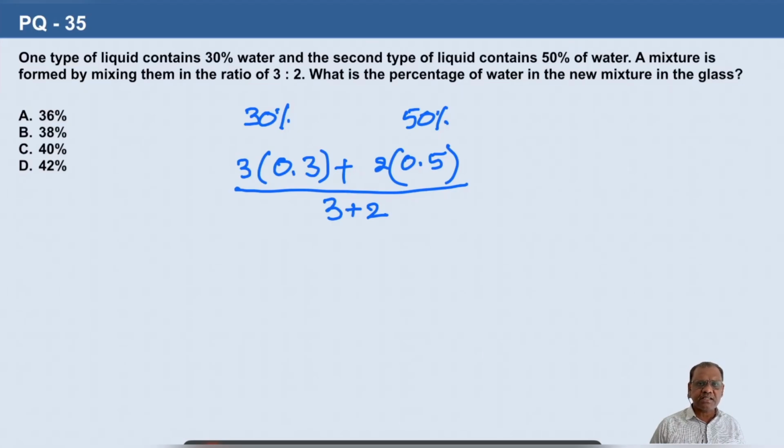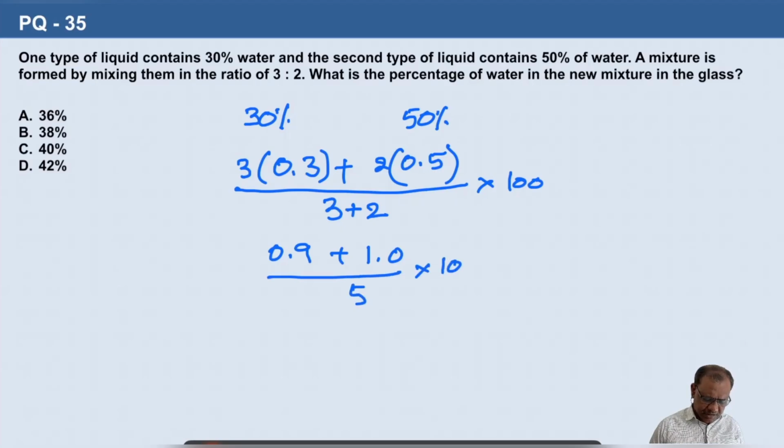So the numerator is quantity of water. The denominator is total quantity of both types of liquids. So let us find out the percentage here. Multiply by 100. That is 0.9 plus 1.0 by 5 into 100.